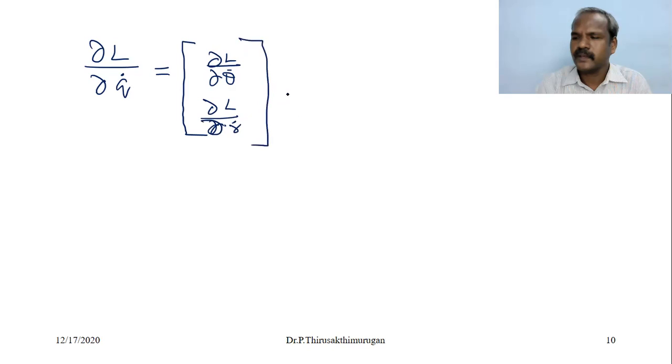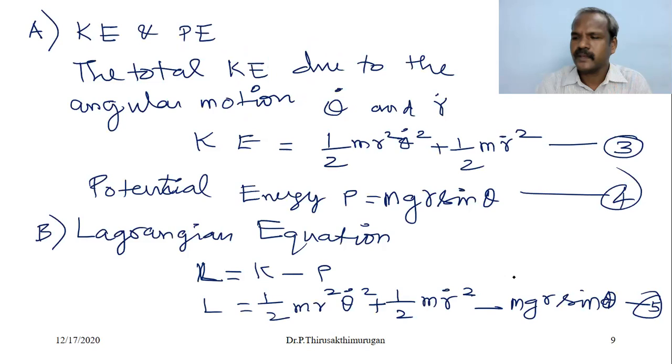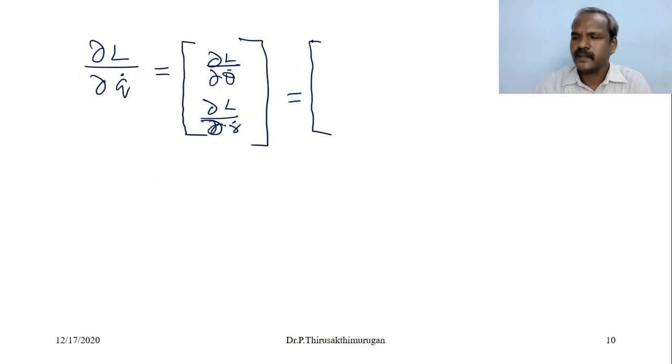What is dou L by dou theta dot? Differentiate equation 5 with respect to Q dot, and we get m r squared theta dot. Here simply m r dot.